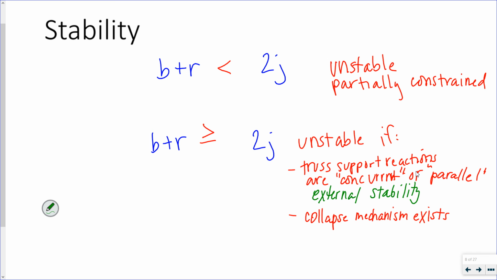If you have a collapse mechanism within the truss, that is internal instability. That means internally there is something wrong, that your structure will collapse because it's unstable.